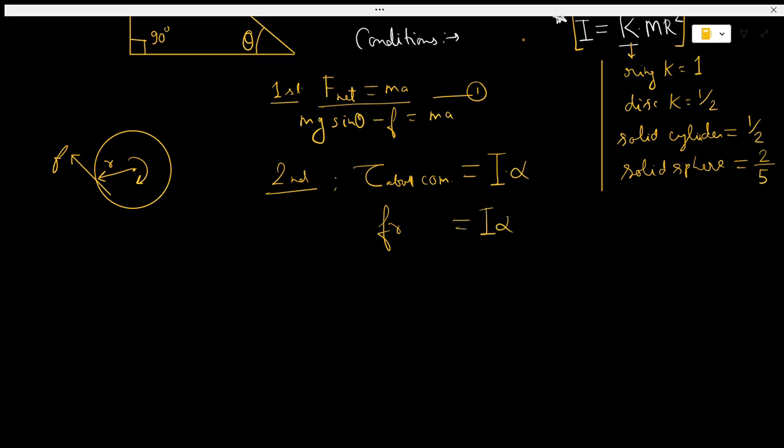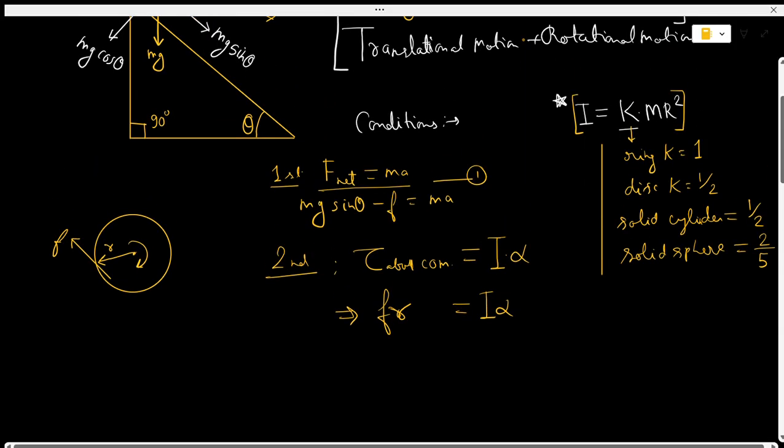Now, let me conclude a very simple condition or equation which you will keep in mind to solve the concepts and the PYQs of JEE coming in an exam very easily. Now, what is this I going to be? From the formula we studied earlier, I equals kmr square.